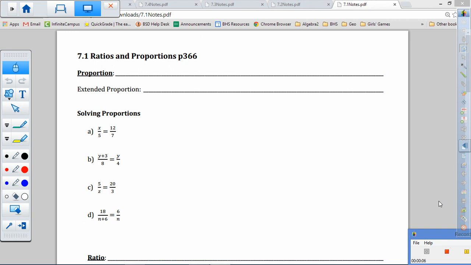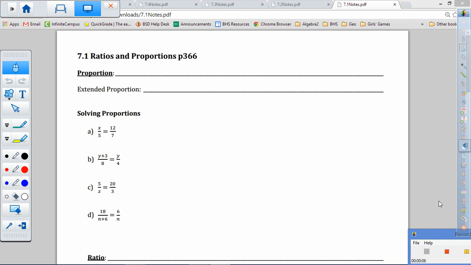And that's true. If I were to reduce the second fraction, 2 divided by 2 is 1. That leads me back here to my first one. And 6 divided by the same number, 2, is equal to 3. So 2/6 reduces to 1/3, and so does 3/9. 3 divided by 3 is 1, and 9 divided by 3 is 3. So these are three equivalent ratios. We call those extended proportions.